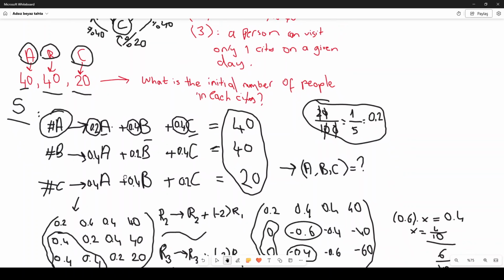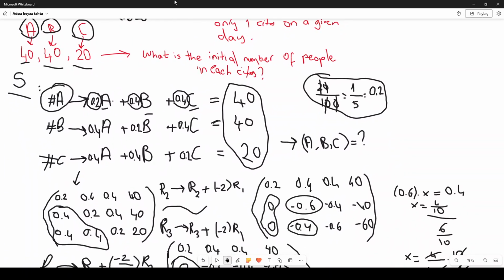Well, I have been given the data, so I know that on any given day 20% of people remain in the same city. So if A represents the number of people in A, then 20%, which is of course 20 over 100, and if you cancel out, it is just 1 over 5, which is equal to 0.2, right?